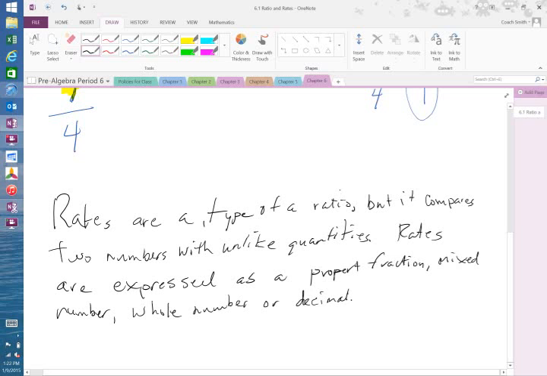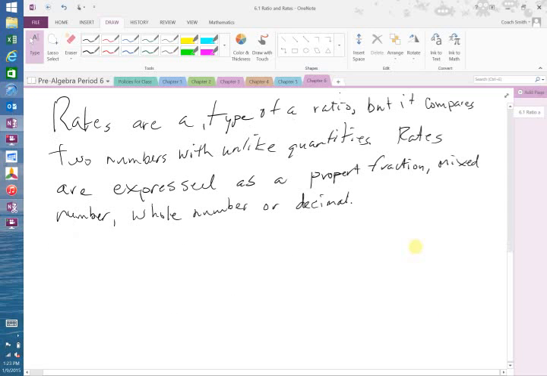So rates are different than ratios in that sense of you have to express them in lowest terms. If that's a mixed number, you do it as a mixed number. If it's a decimal, you do it as a decimal. You don't leave it as an improper fraction. You're going to take it to its lowest terms, including making it a whole number, anything like that.